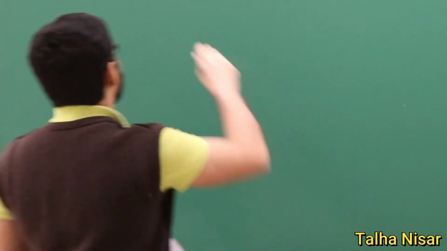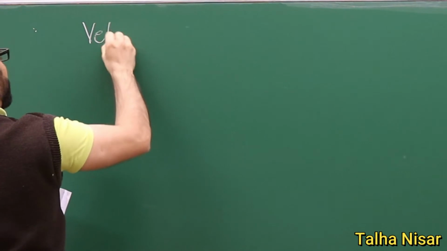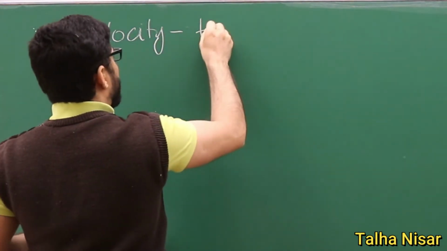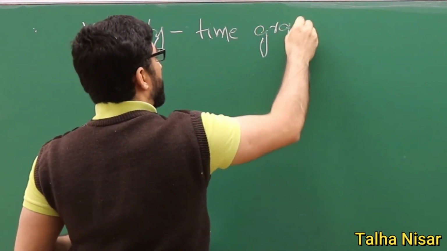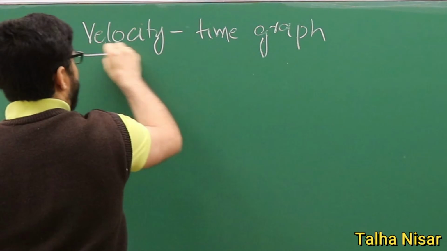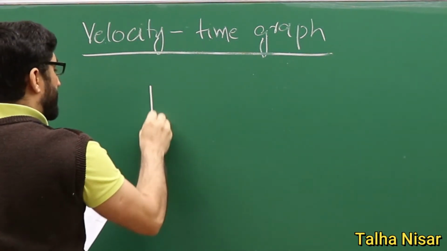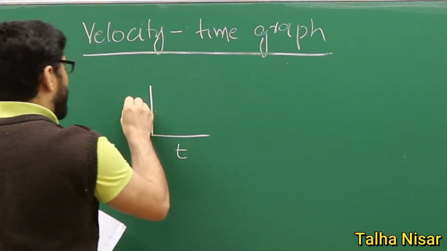Now we discuss the velocity time graphs for different cases. The first case that we discuss is this: this is the time and this is the velocity.